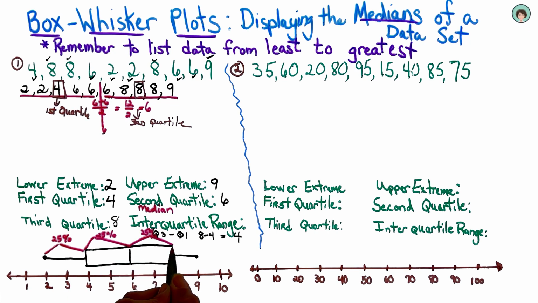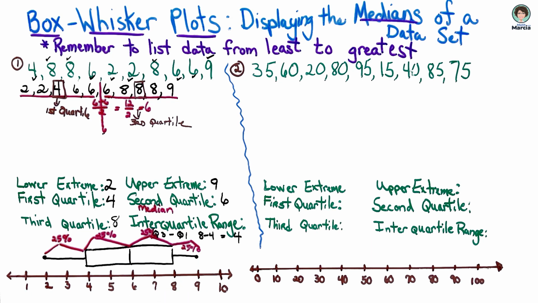And this last one from here to our upper extreme, it is also a 25%. So the information that we can pull from this is we know that our interquartile range will represent 50% of our data, while 25% of the data is from the lower extreme to the upper extreme.